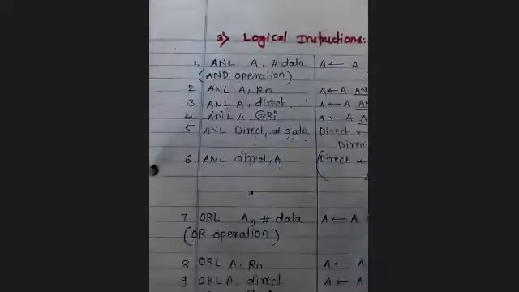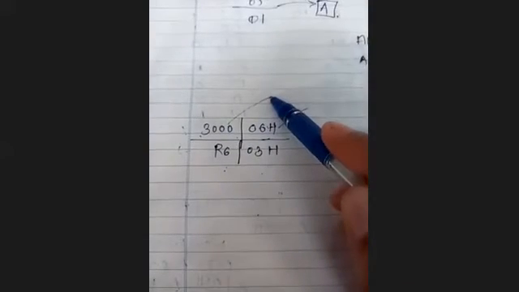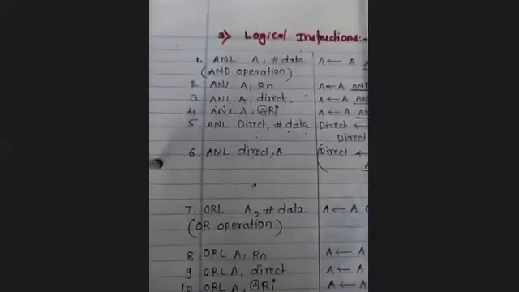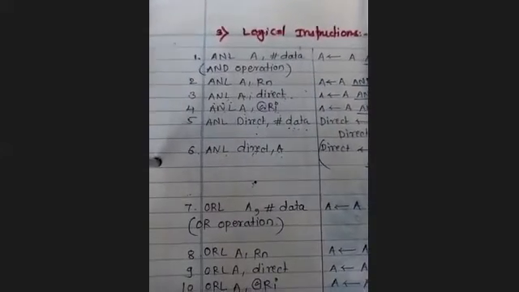Take 2 minutes to write the program. See here, what is the data? One data is 06, which is stored at this location. Second data is 03, which is stored in the R6 register. You can use any method out of these 6 ways. You can use any instruction, but accordingly you have to make your program.